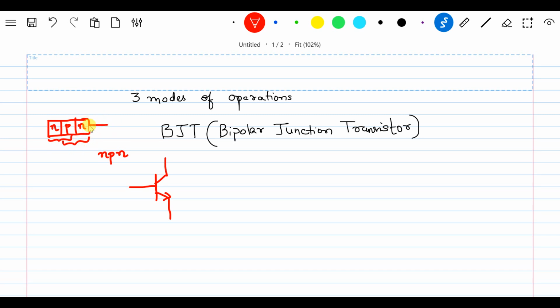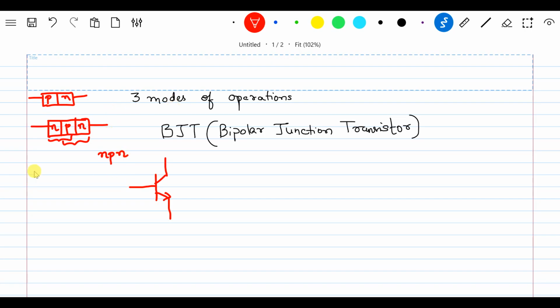Basically, the BJT transistor is made up of two diodes. If you remember about diodes, if you have a single PN junction, we normally call it a diode. Here, in NPN or PNP, any transistor is made of two diodes.